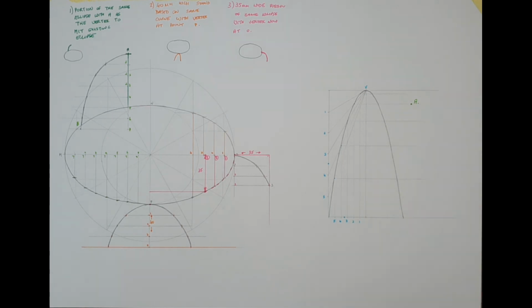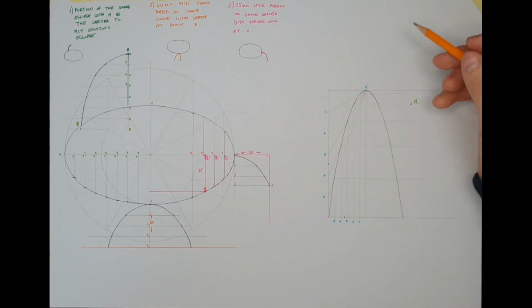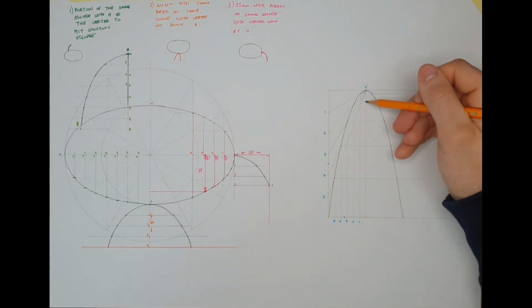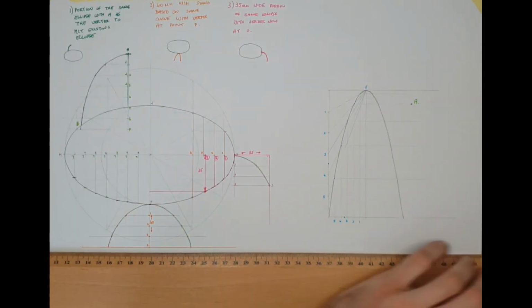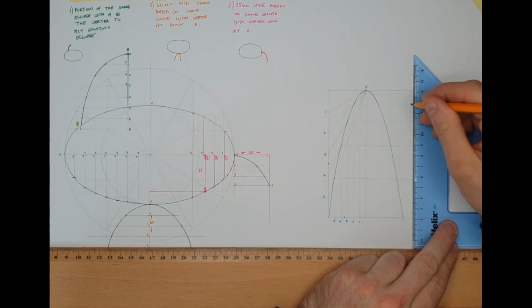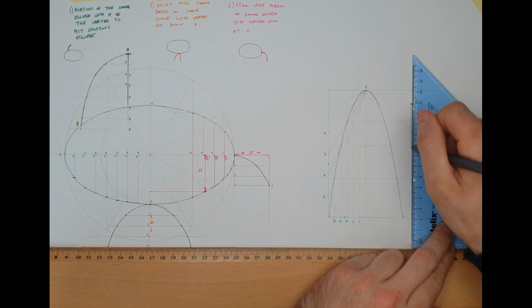Now, just to go through the last method that might also work here, you'll know from looking at the question, if the axis is vertical in one view, and on your identical ellipse that you need to draw over here, the axis is also vertical.